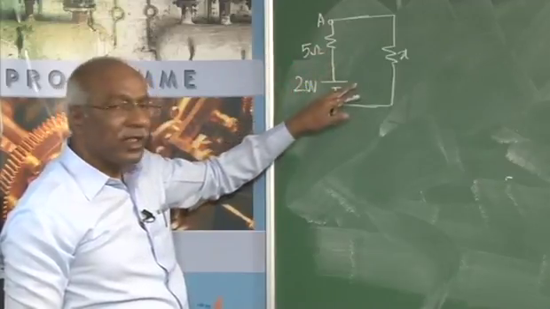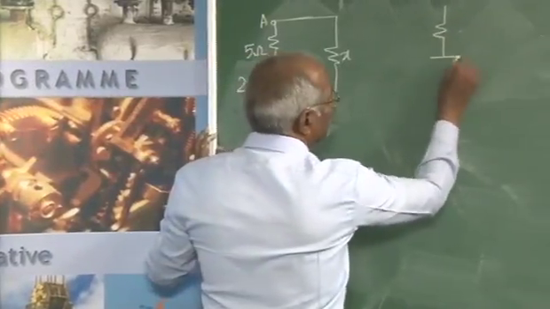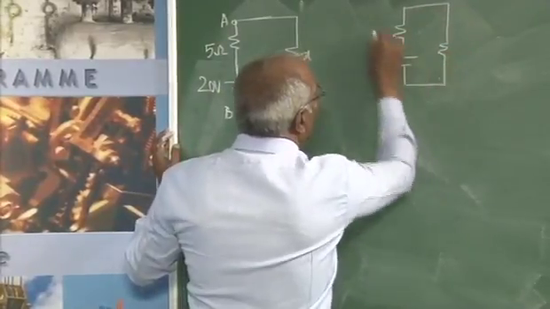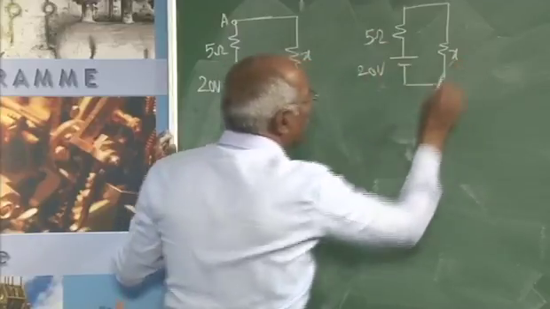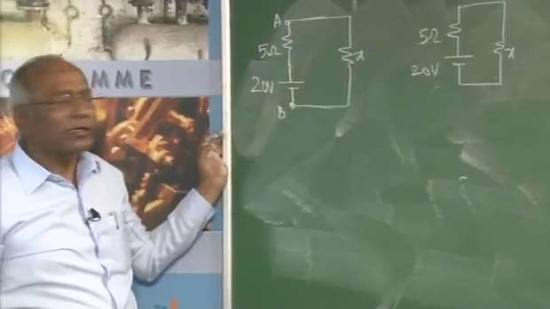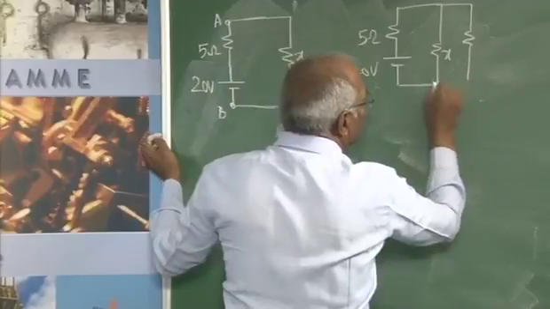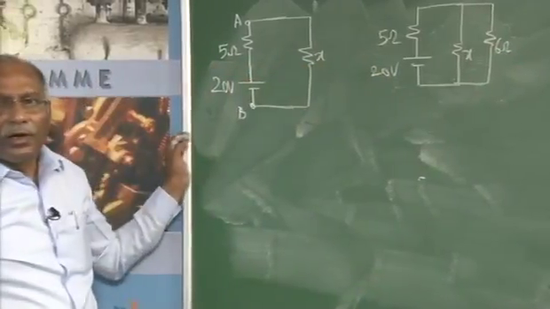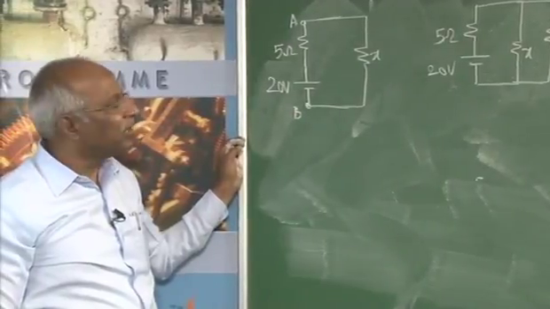This is the first one, and the second one is this 6 ohm. If an additional 6 ohm is connected across the battery, find the value of X so that the external power supplied by the battery remains the same.